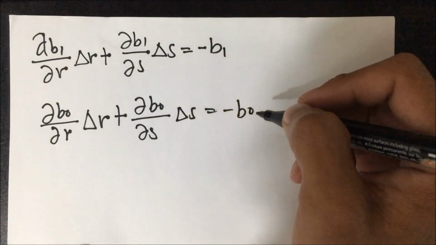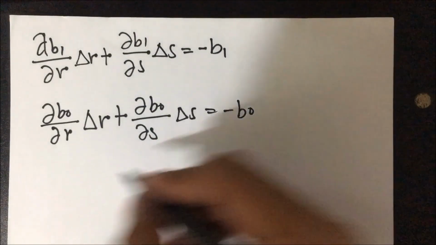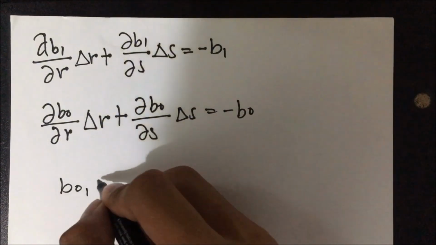We need the partial derivatives of b sub 0 and b sub 1.